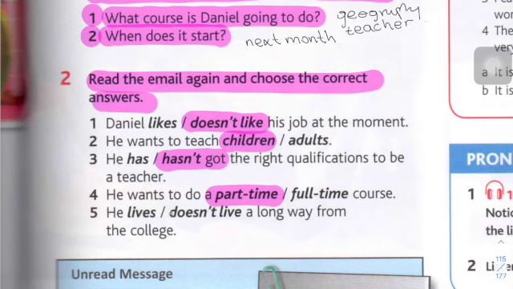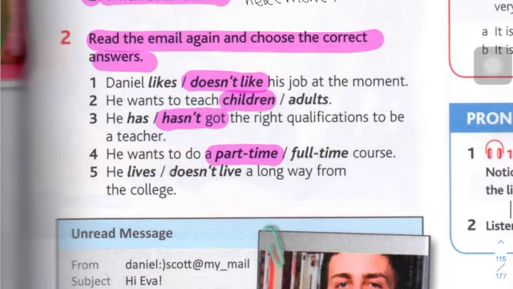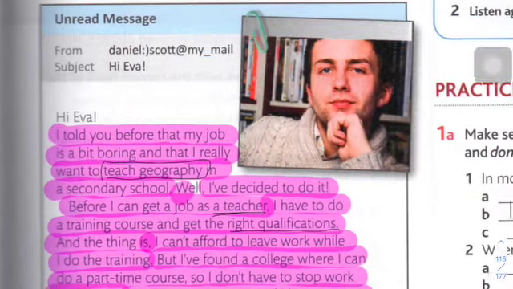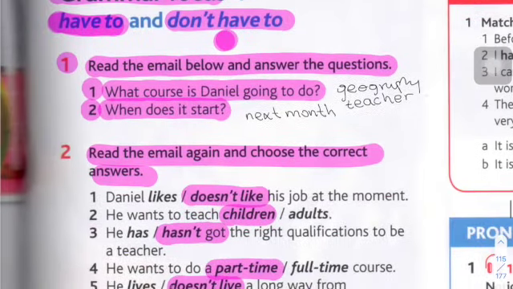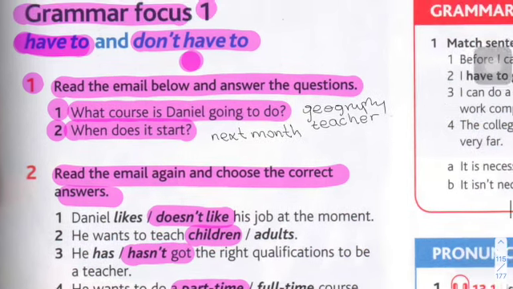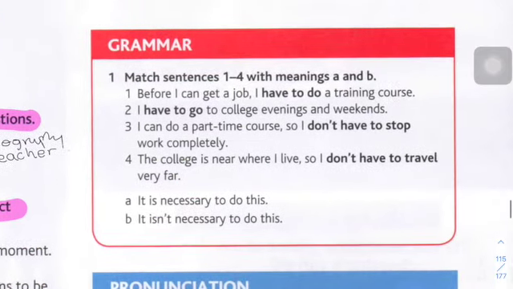And finally, number five, he lives a long way from the college or he doesn't live a long way from the college. He doesn't live a long way from college. And this is the reading about Daniel. Okay, now let's move to the grammar box.